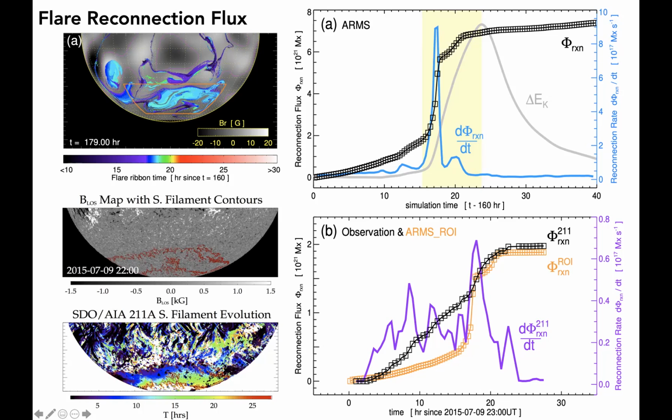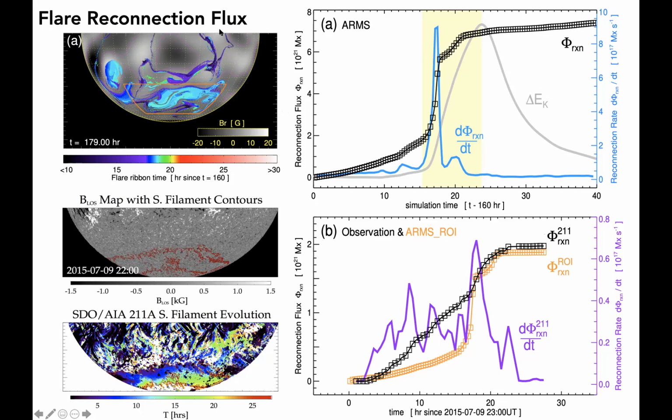Once you take this area and you times it by this magnetic field, you get a more gradual rise, and then eventually a little bit of a hump, and you get a value that's about 2.5 to 3 times lower than our simulation. So you can see here we've got about 2 times 10 to the 21 Maxwells that we've estimated from the observations, and then up here it's more like 7 times 10 to the 21.